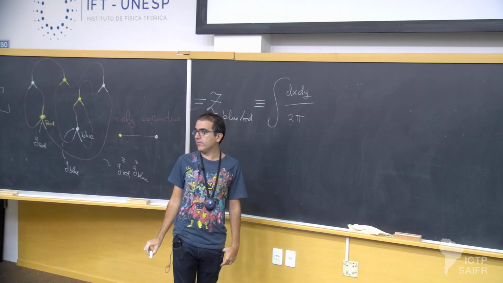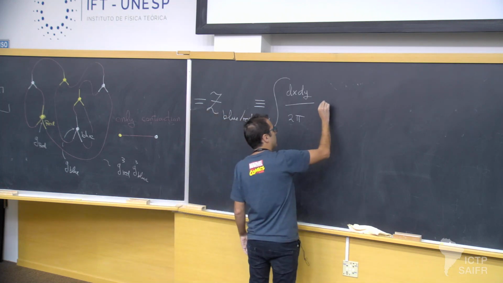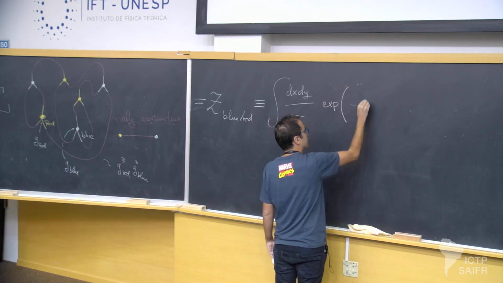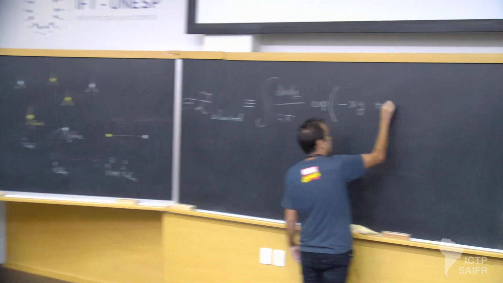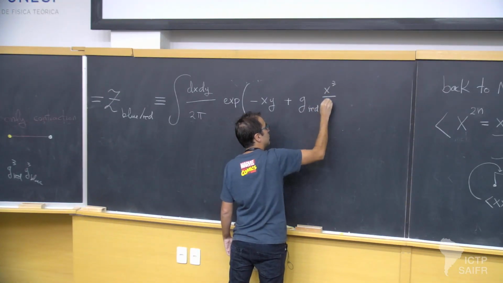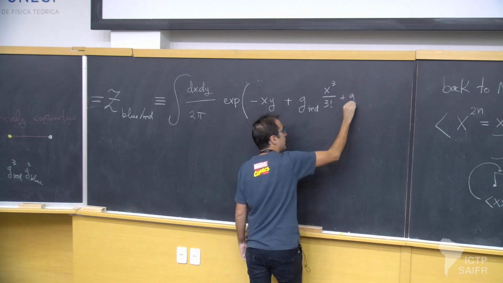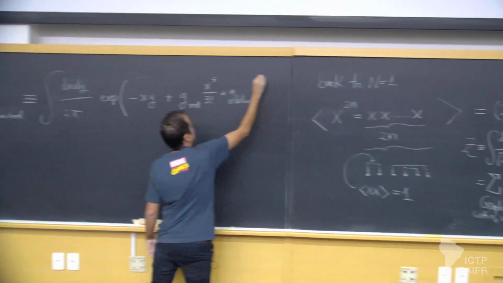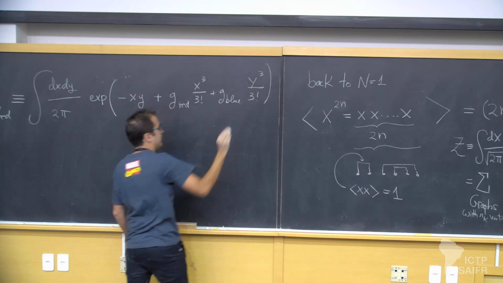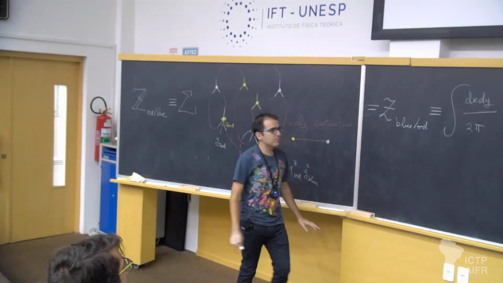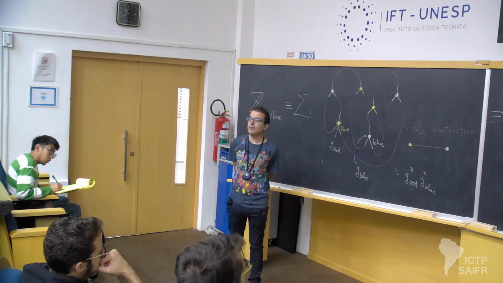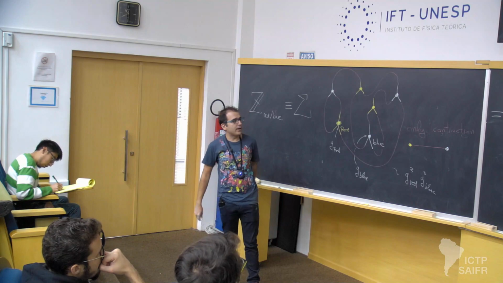So instead of x, I have x and y. And the term would be exponential of minus x times y plus g red x cubed over 3 factorial plus g blue y cubed over 3 factorial. Okay? So this very simple two-dimensional integral solves this problem of combinatorics. Okay? So let's see why.